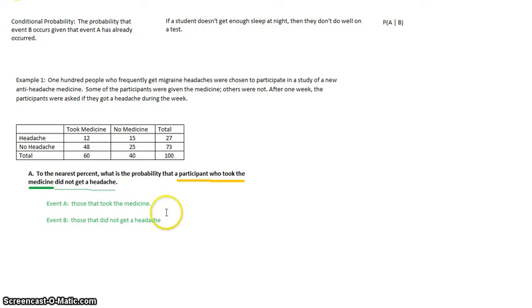For event A, I'm going to use my chart to see how many people took the medicine. There are 60 people that took the medicine. For event B, those that did not get a headache, there are 48 people. So I'm going to write down that number.